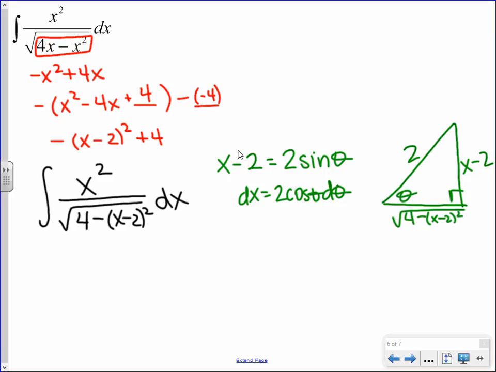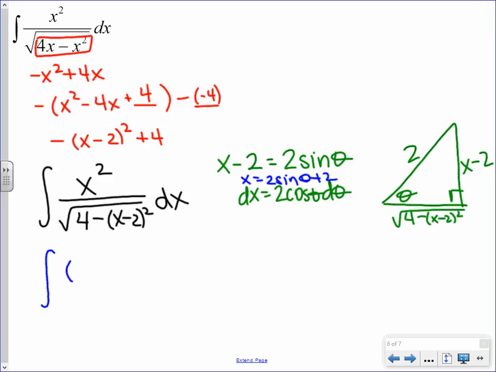All right, ready for some fun? I'm always presenting my questions. Okay. X squared. Well, x is technically 2 sine theta plus 2. Do you agree?